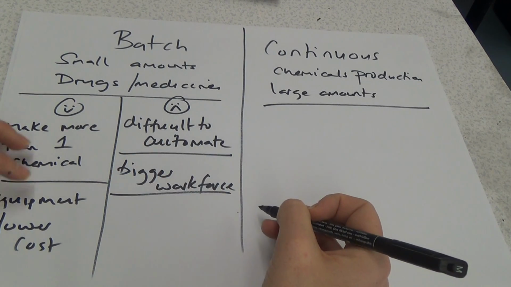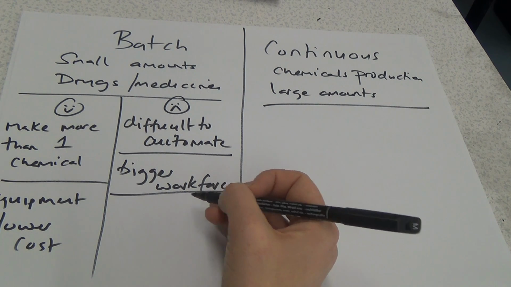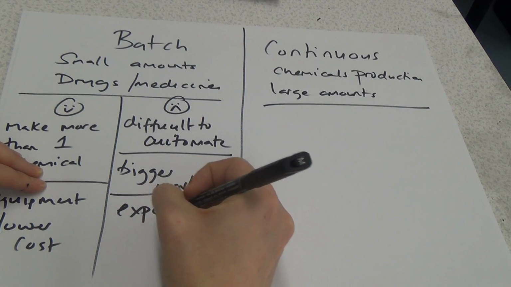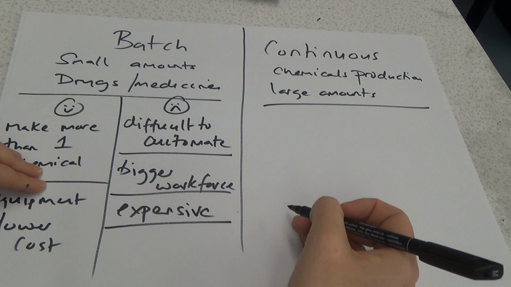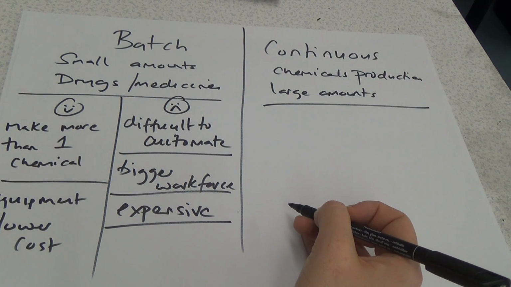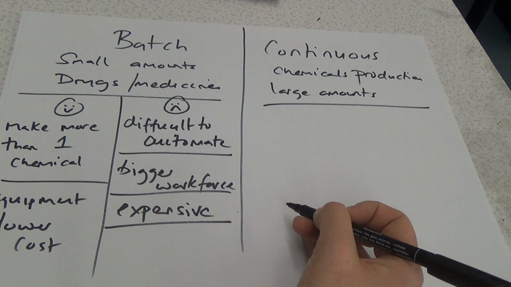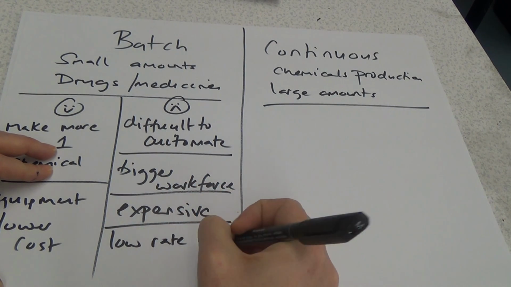And obviously, if you need more people, you have the disadvantage that you have to pay them. So looking at the workforce, it makes it potentially a little more expensive. The setup cost, the equipment, is lower, but the actual running cost is a lot more expensive. You also get quite a low rate of production.